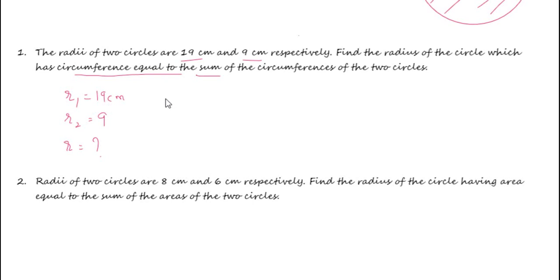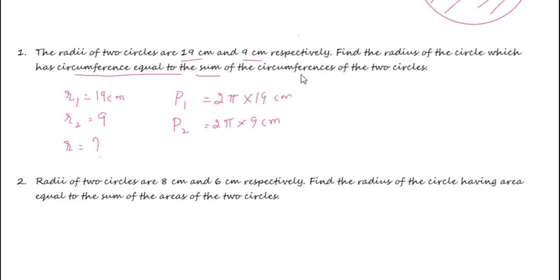R1 is 19 centimeter. Therefore perimeter of the first circle is 2 into pi into R1, R1 is 19 centimeter. Perimeter 2 equal to 2 into pi into R2, that is 9 centimeter.